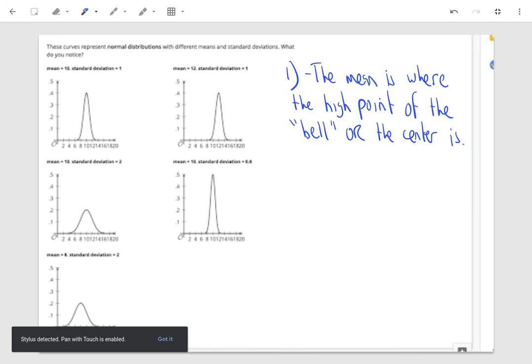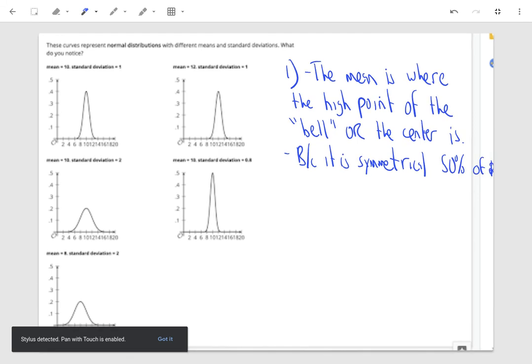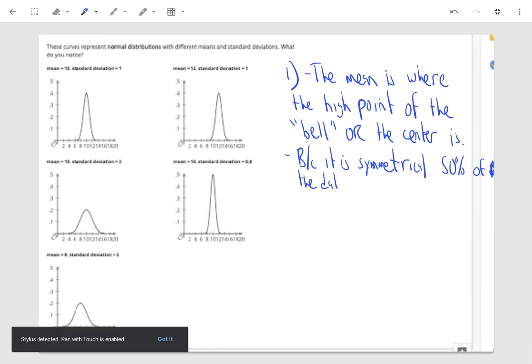So that means, and being that it is symmetrical, so I'm going to write that down, because it is symmetrical, 50% of the data, and let's throw data again, is less than the mean, and 50% of the data is greater than the mean. And why is that the case? Because it's symmetrical.